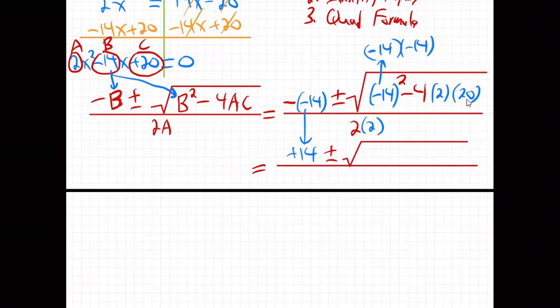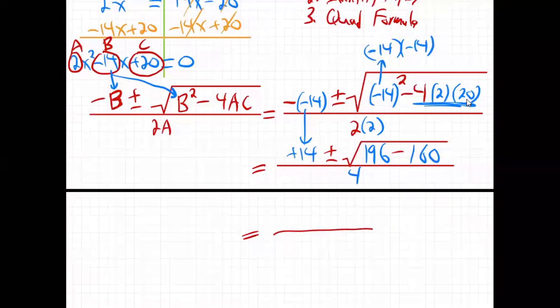Because two negatives make a positive. So 196. And then this one is minus 4 times 2 times 20, 160. And the bottom, 2 times 2 is 4. And then we keep going. Getting closer. It just gets nicer and nicer.